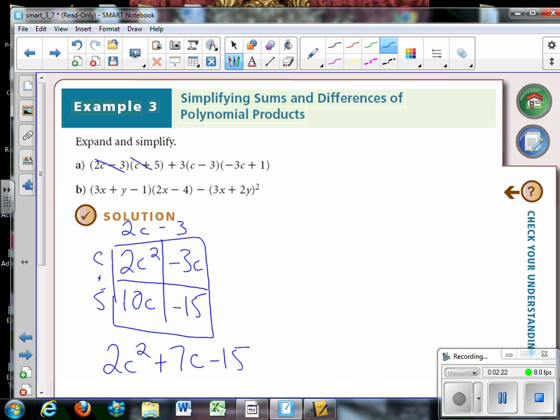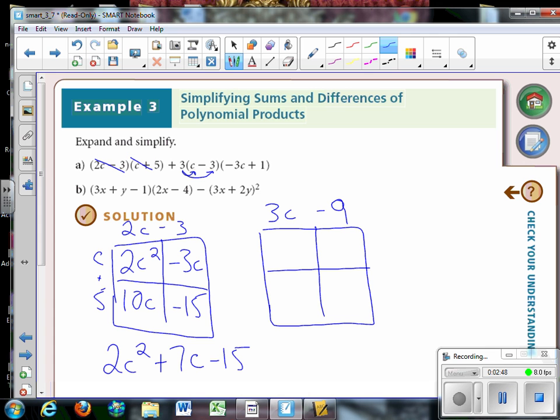And then over here, I'm actually going to multiply. I'm going to show you with arrows, distributive property. Go ahead and multiply the 3c minus 3, and we'll set up the box again over here one more time. That'll give you a 3c, and that will give you a minus 9. And then down here, we'll set up a minus 3c and a plus 1.